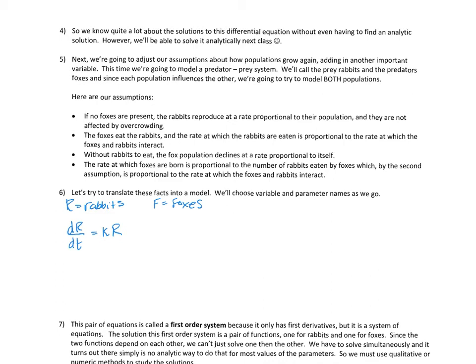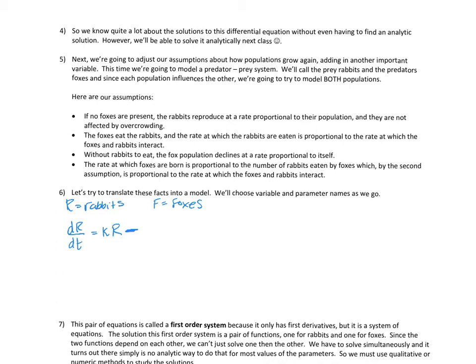Okay, so we need some kind of term that, so first we're going to subtract. The rate is going to decrease. It's going to get smaller as foxes and rabbits interact. So I'm going to subtract something to make the rate get slower when foxes and rabbits interact. So there's several things I could use to model interaction.